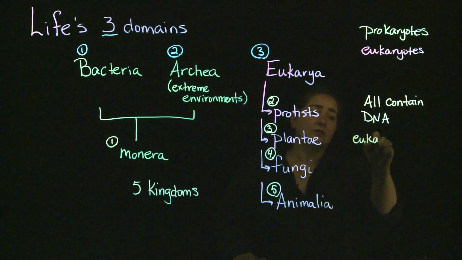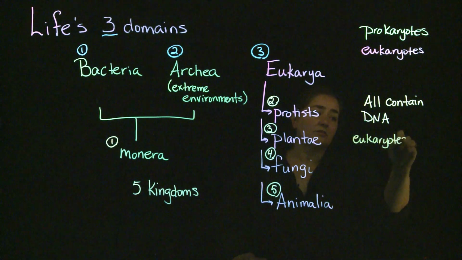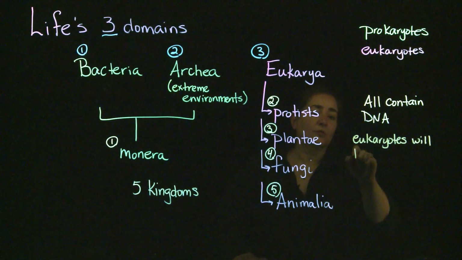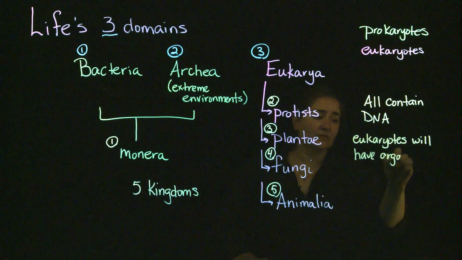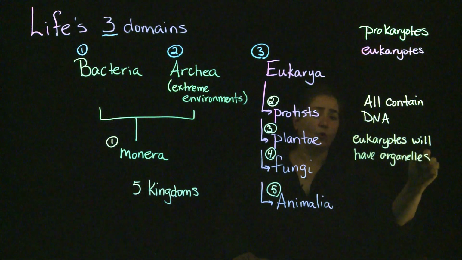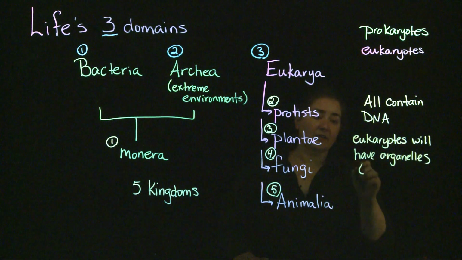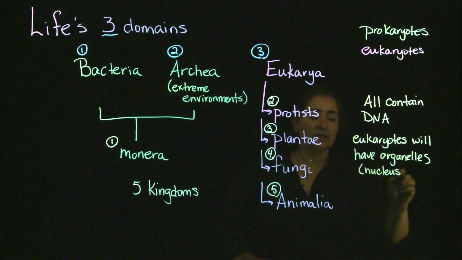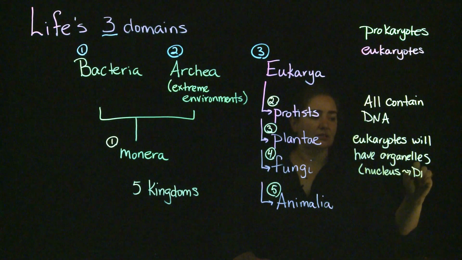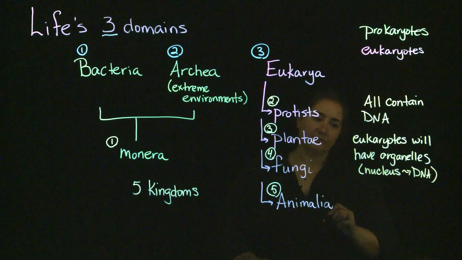Eukaryotes will have organelles. One of those organelles that we will talk about later in the semester is the nucleus, and that nucleus is going to be where the DNA is stored, okay?